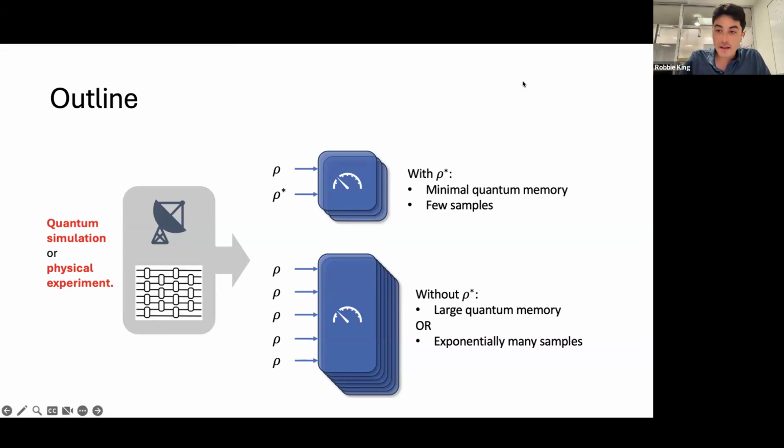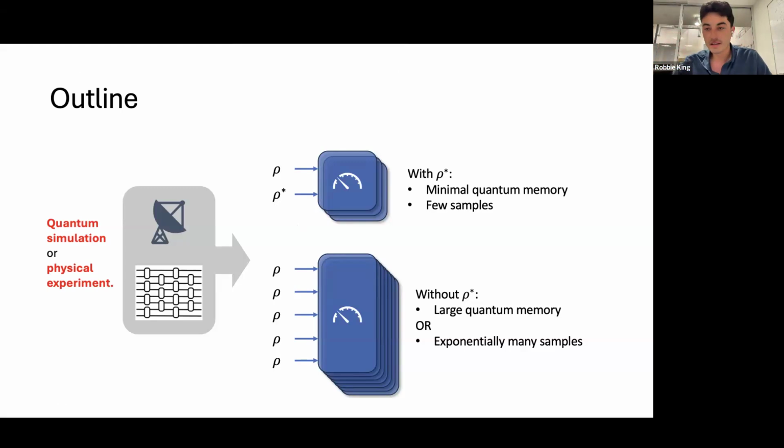But one setting where you can access rho star is if your states are coming from a quantum algorithm on a digital quantum computer, because there, if you start in the all zero state and then prepare a state, you can simply complex conjugate every gate of the circuit, and this will naturally prepare the complex conjugate state.